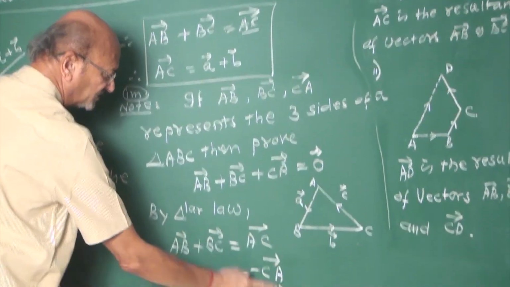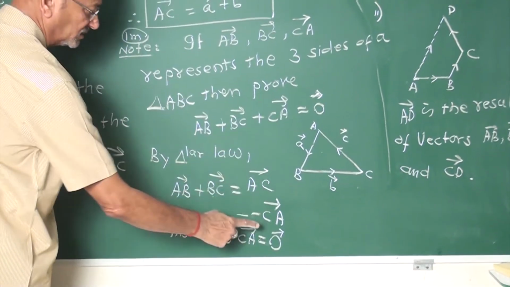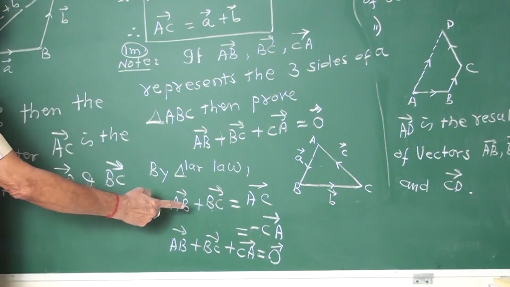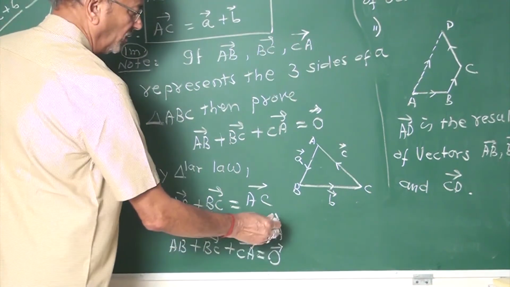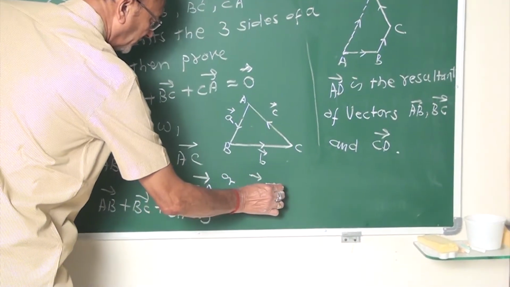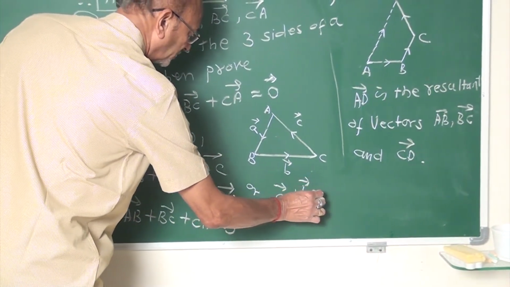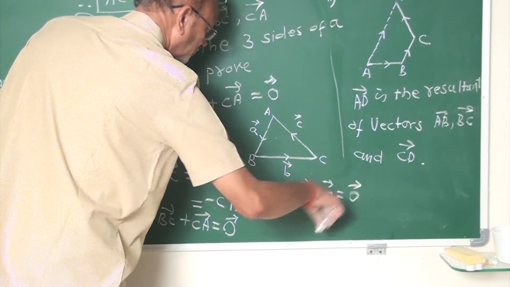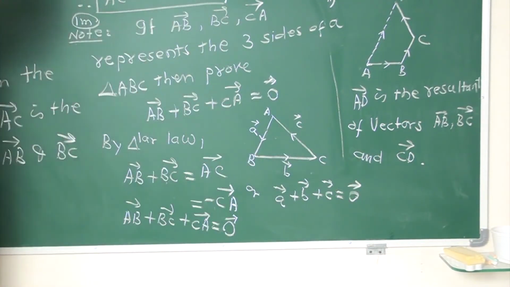Therefore, this RHS is not scalar 0, it is the zero vector. AB plus BC plus CA is the zero vector. Or even, my friends, you can say vector A plus vector B plus vector C equal to zero vector. Hope, my friends, it is clear.